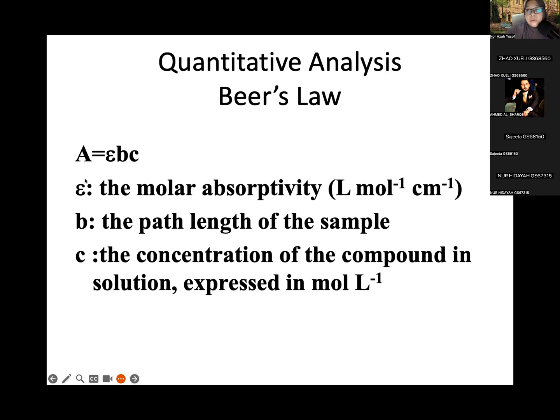This is Beer's law. A is the absorbance, equal to molar absorptivity, B, the path length of the sample, which is how we measure the sample, and C, the concentration. So the concentration is the one that we wish to know. How much? Quantitative, right?